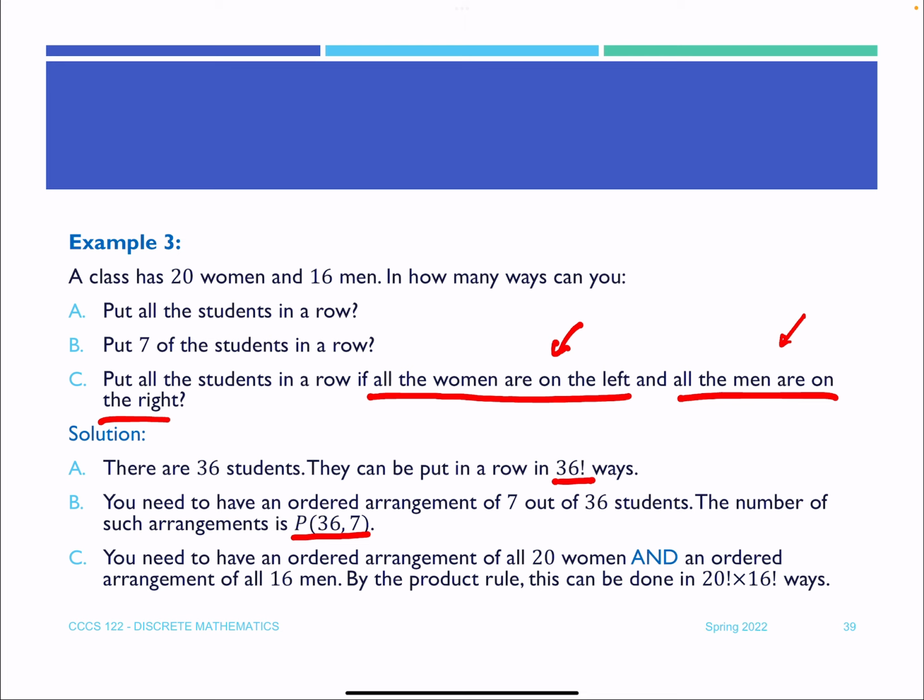And once we have those numbers, it'll be the women on one side times the number of ways we can arrange the men on the other side. And so the answer to that is 20 factorial ways to order all the women students, and 16 factorial ways to arrange all the men students.